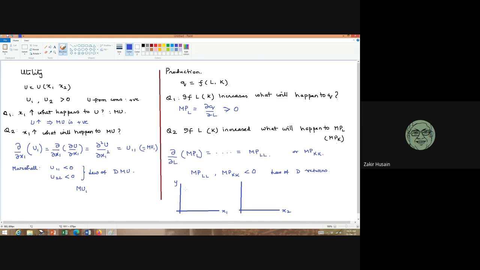So over here, we see that the marginal utility is positive, but it is diminishing.